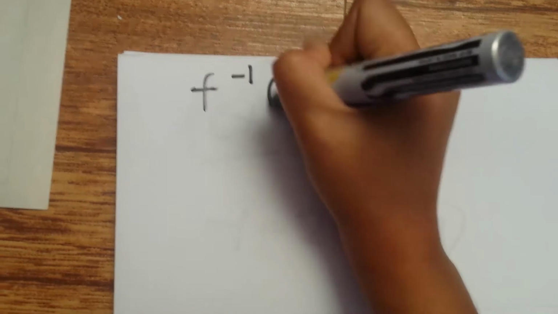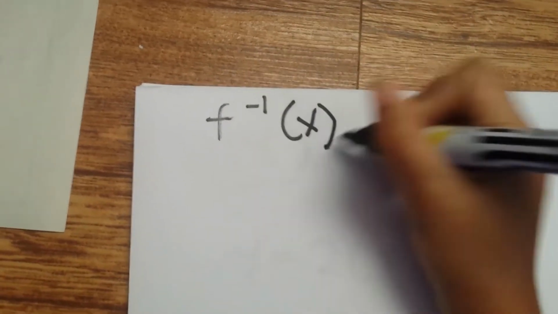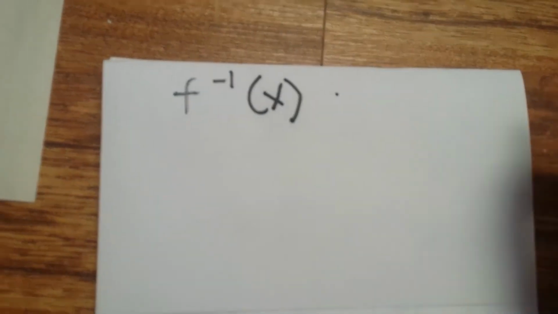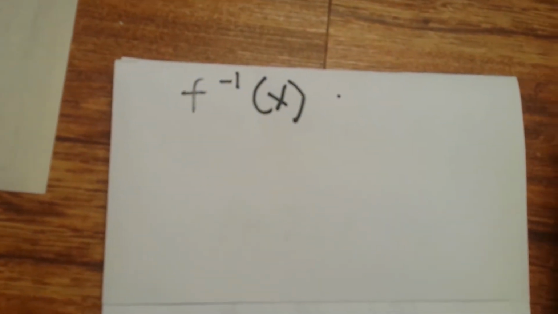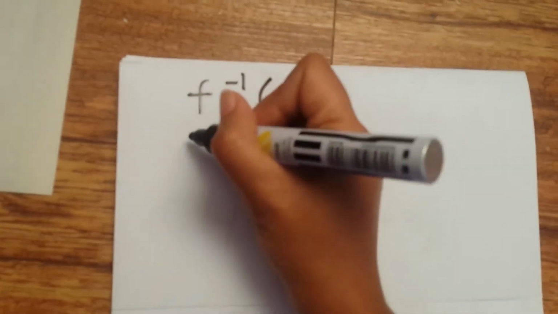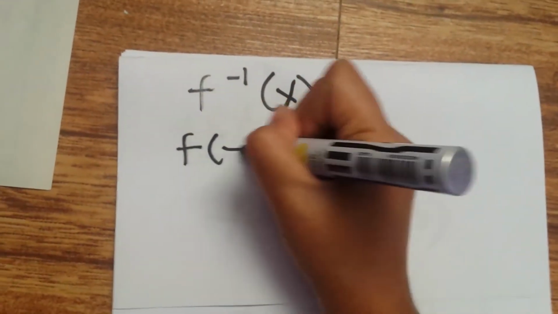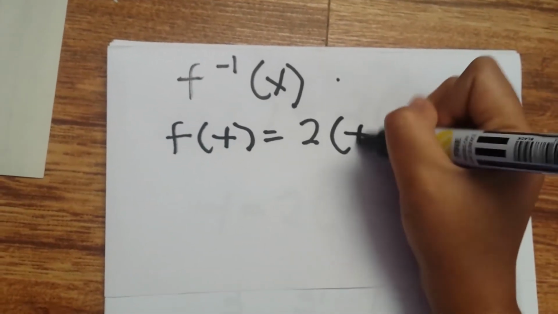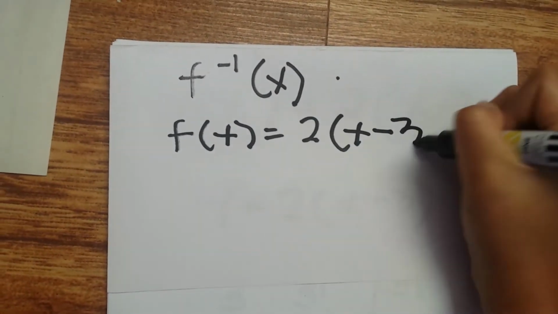And now for the last step, we will check. Substitute the value of f inverse of x as the value of x in the function of f. So we have f of x equals 2x minus 3.